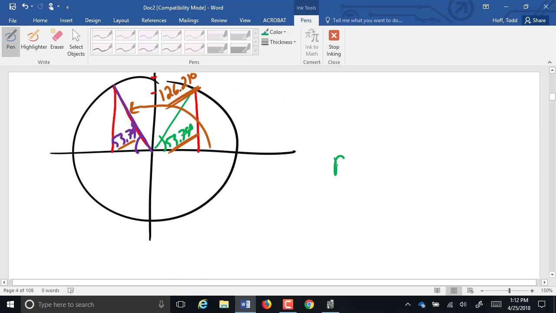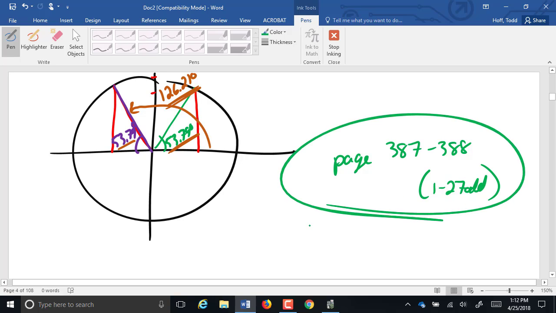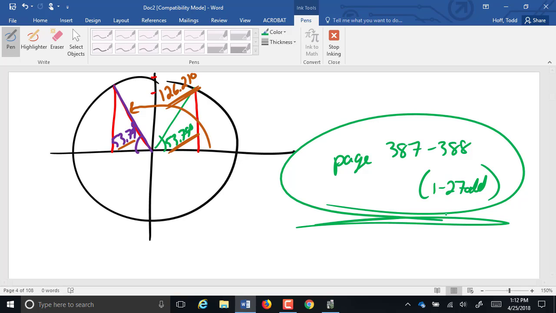It is. It's kind of cool. So on page 387, 388, it'll be 1 through 27, the odds. Do you have that one? The packet I gave you may have been a bigger packet. Okay, so it is in your packet. Good. So I don't have to give you a new one.